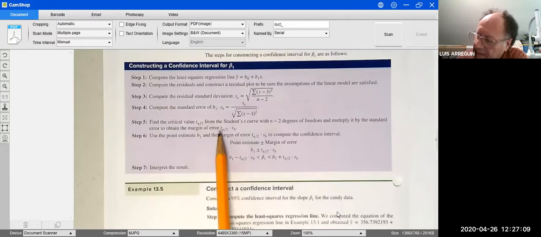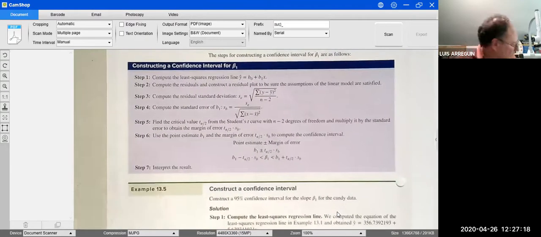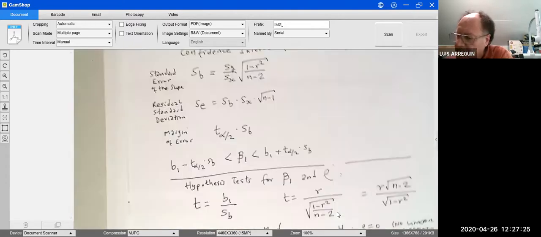So here the margin of error is going to be t alpha over 2 times the standard error of the slope. I gave you this information before, so it's over here.